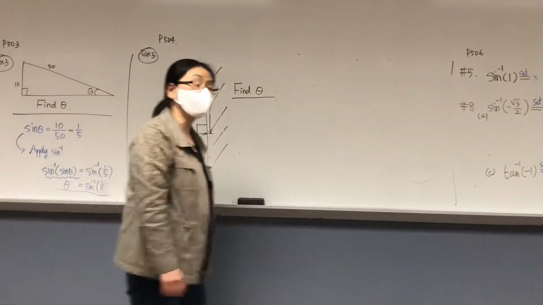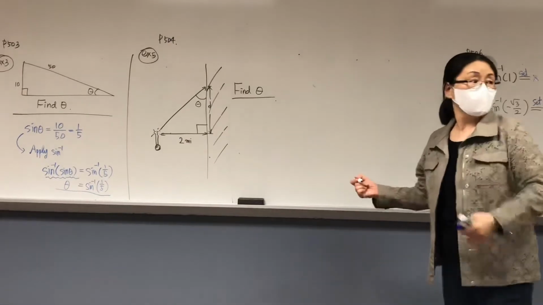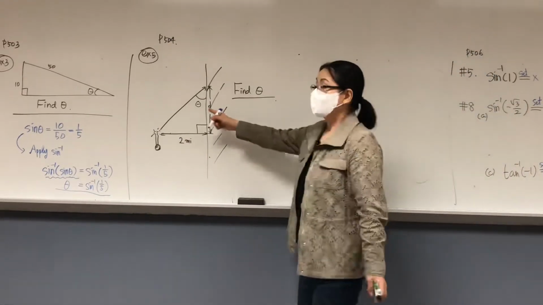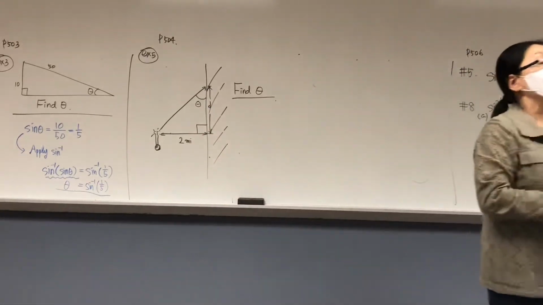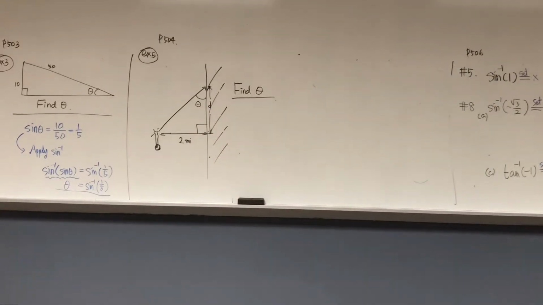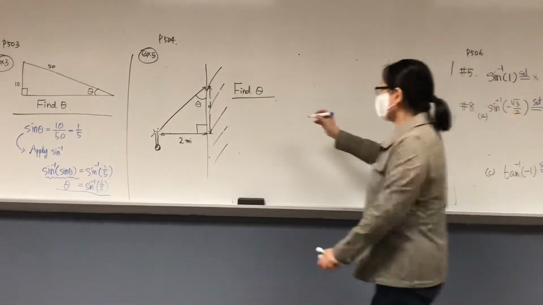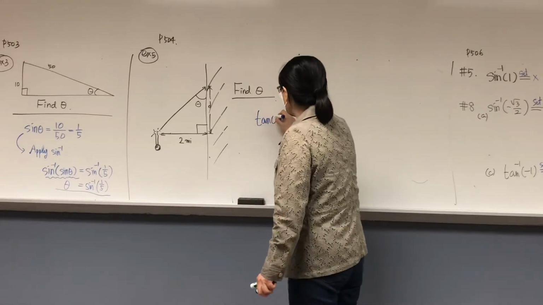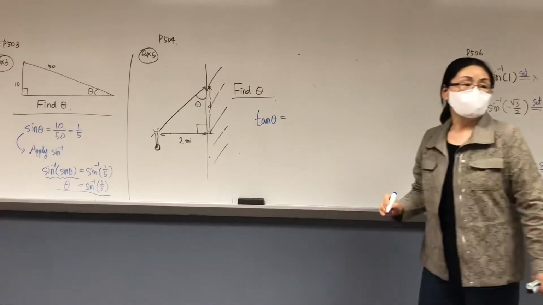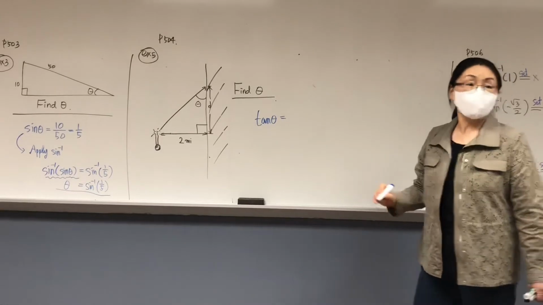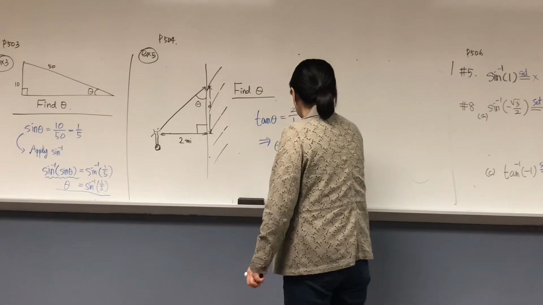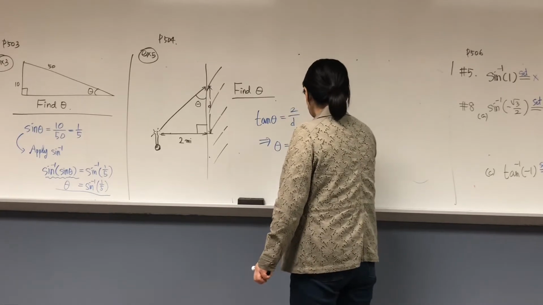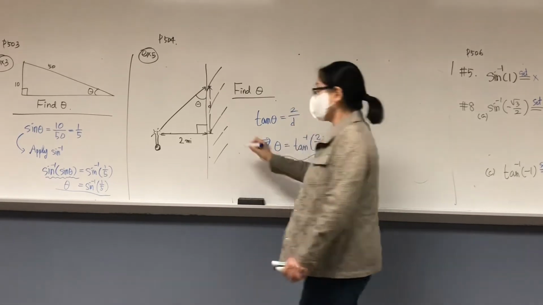What is the reasonable trigonometric value to use? Tangent, yes. So tangent theta is equal to what? 2 over d. Very good. And then how do you solve for theta? Theta is tangent inverse of 2 over d.